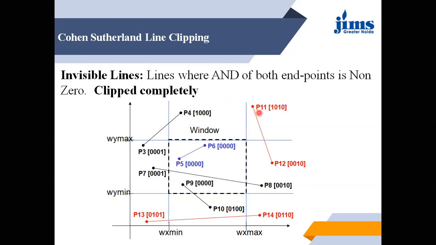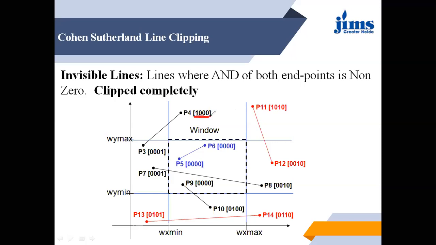We have to take the end coordinate points of both. After that, we have to perform the AND operation between the region codes. When we perform the AND operation between the region codes and the result is non-zero, in that case the line is completely non-visible.